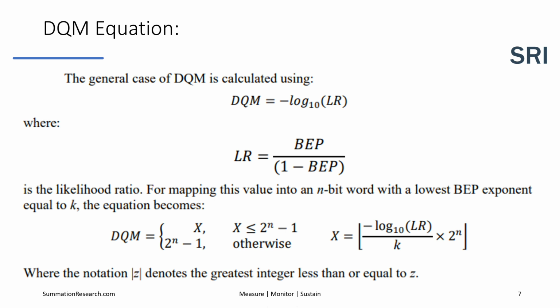The data quality metric is calculated using the likelihood ratio, LR, of the received bits. This formula involves a logarithmic transformation of the likelihood ratio of the received bits. The likelihood ratio, LR, is derived from the estimated probability ratio of the received bits, which reflects the probability of bit errors in the data stream.